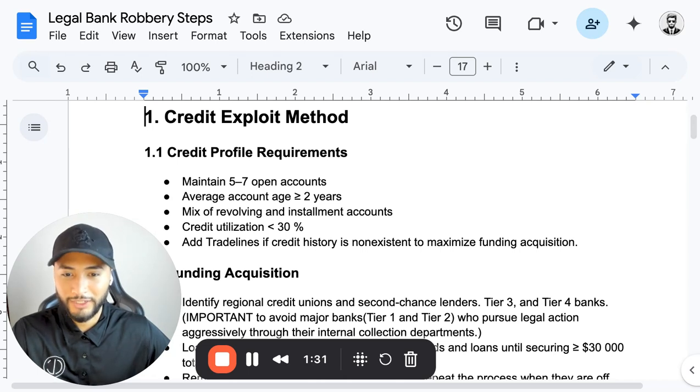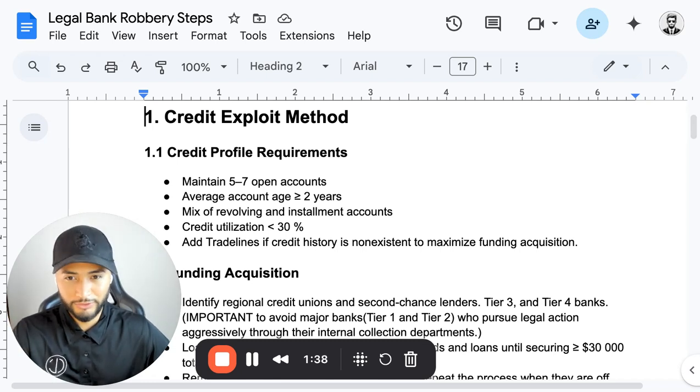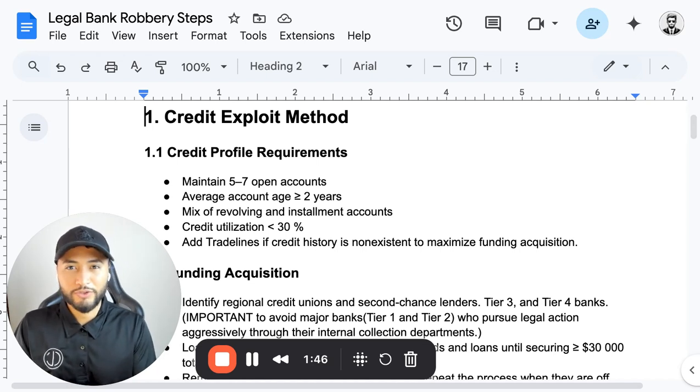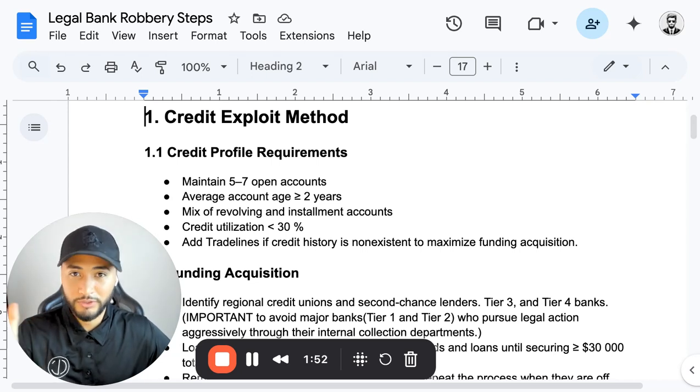Add trade lines if credit history is non-existent to maximize funding. So, the trade lines, there's different types of trade lines, but what it basically is is an account that shows up in your credit report saying that you own this, that you have access to this. So, for example, you ask your uncle to add you to his $50,000 American Express account.